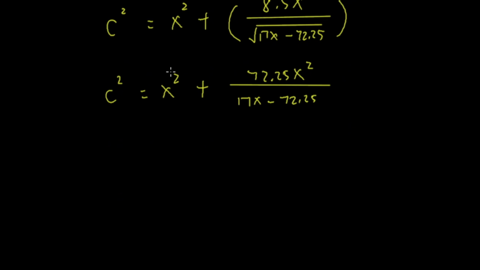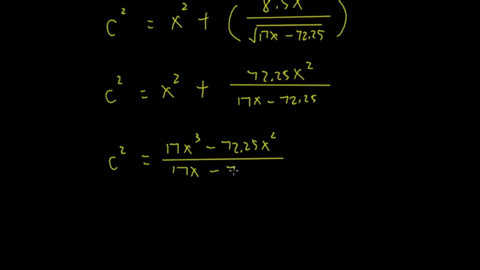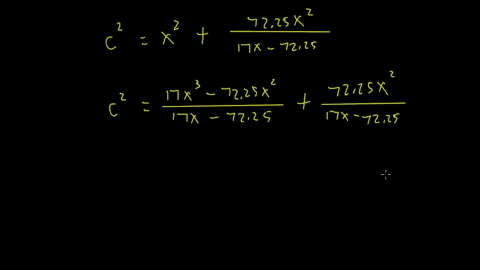So I have to multiply x squared by a fraction of 17x minus 72.25 over 17x minus 72.25. c squared is equal to, now the numerator will become 17x cubed minus 72.25x squared plus 72.25x squared, over 17x minus 72.25, right?